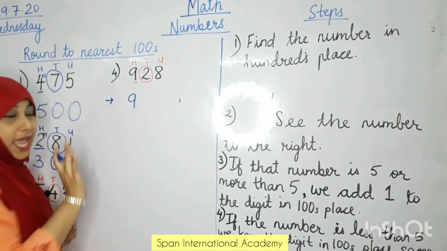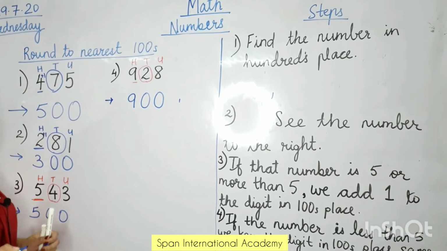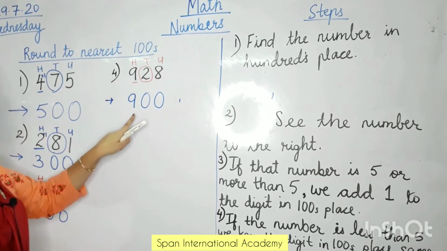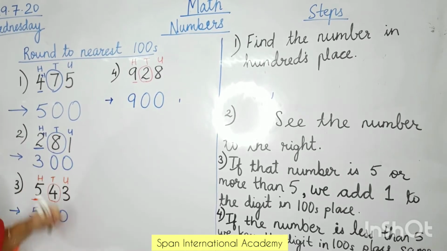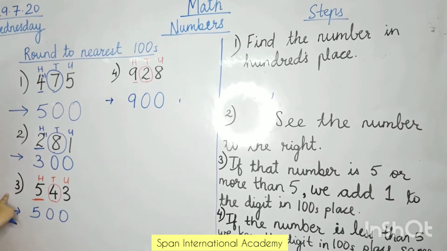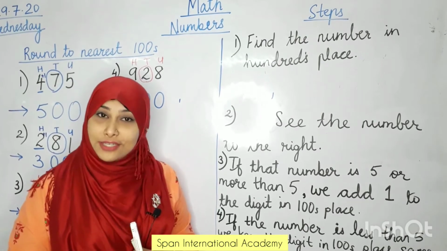So I bring 9 as it is and then we put 0s. When we round 928 to the nearest hundreds, we get the answer as 900. Okay students? So we've seen 4 examples up till now. Let's move and see the fifth one.